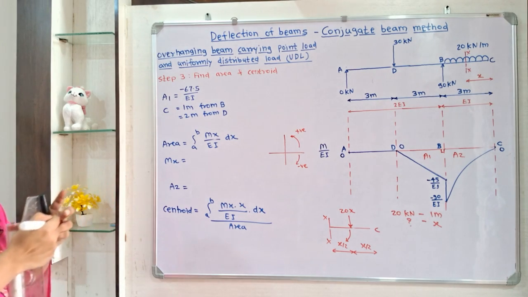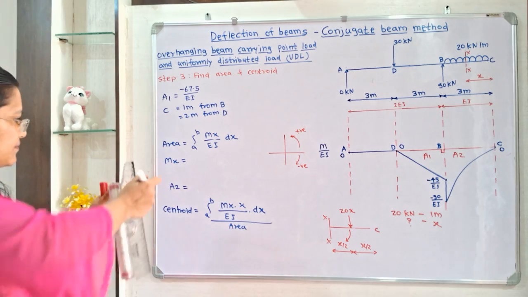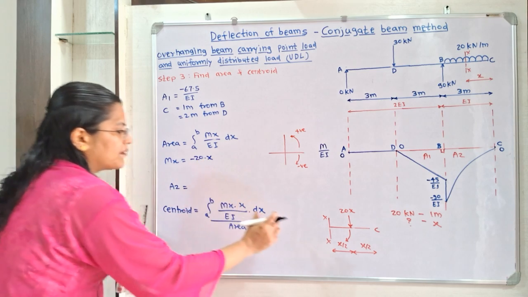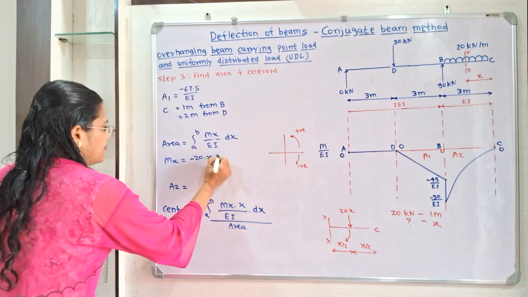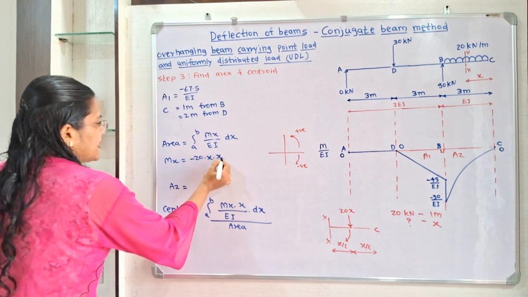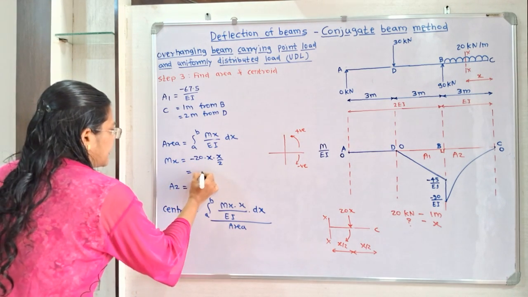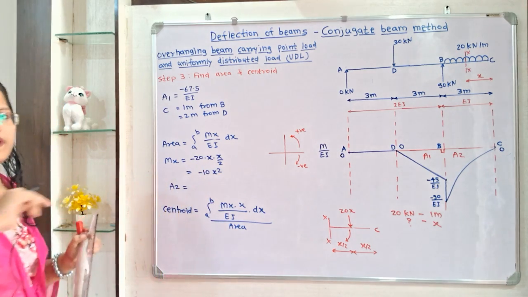So we can say that mx is equal to minus 20x multiplied by this distance between xx and this force, that is x by 2. So x multiplied by x is x square, and 20 by 2 is 10. So minus 10x square. This is the value of mx.